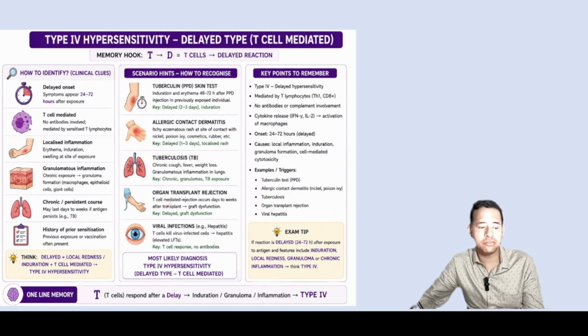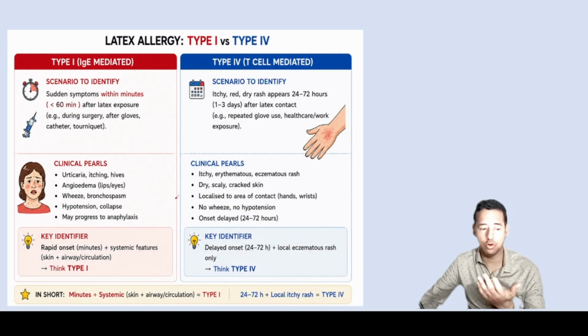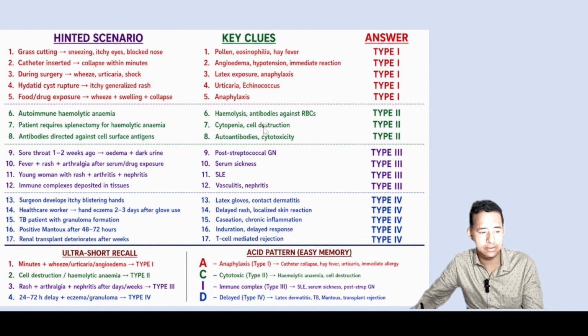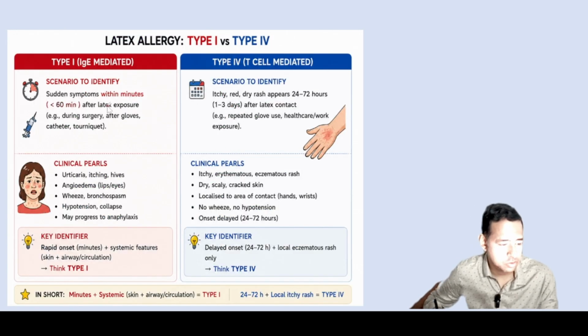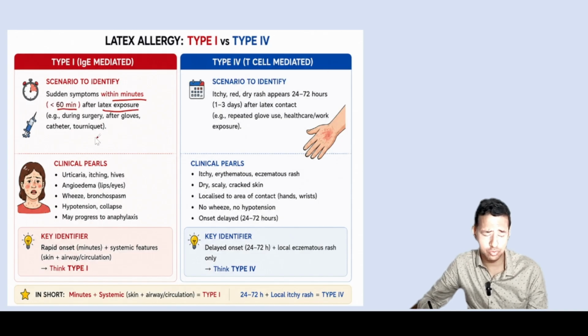In upcoming scenarios, there will be a latex presentation, which is most often confused in MRCS. So how to identify this? Let me give you a hint. Sudden symptoms within minutes, less than 60 minutes after latex exposure, during surgery, after gloves, catheter, tourniquets related to latex.